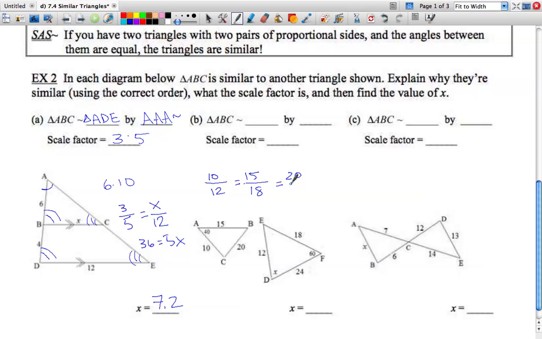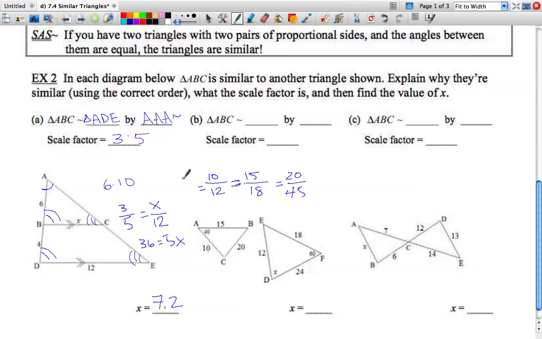If this proportionality is all true, we can say that these two triangles are similar. And again, we must match smallest to smallest, middle to middle, and largest to largest.